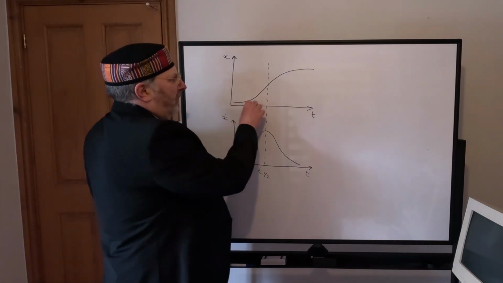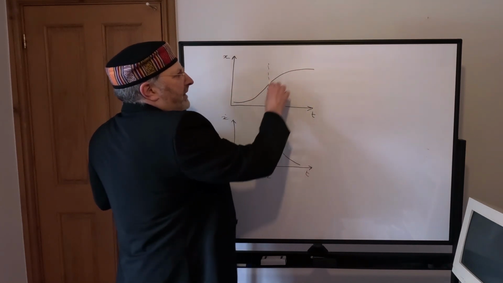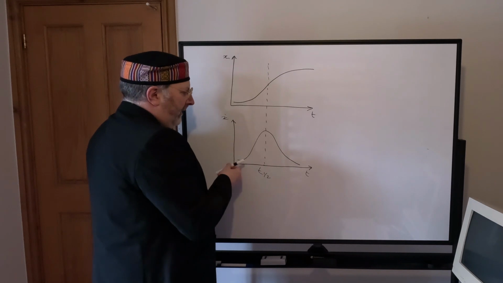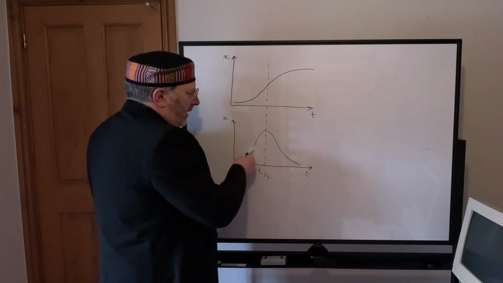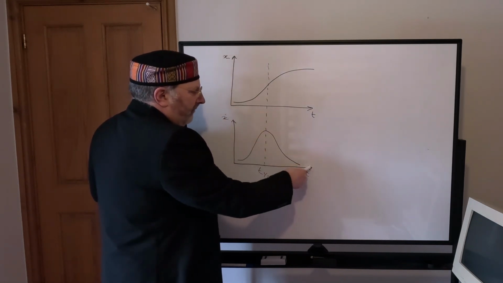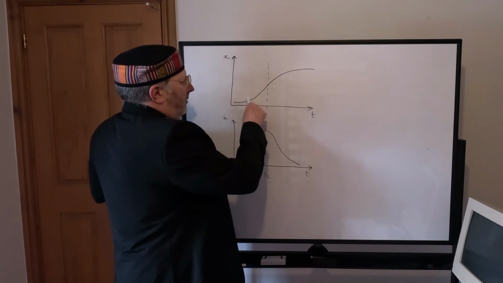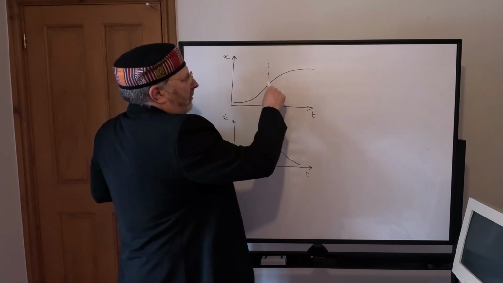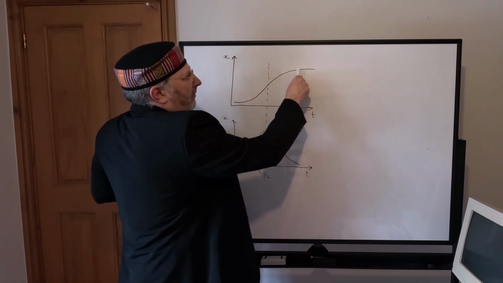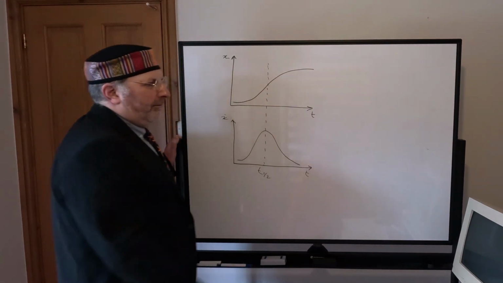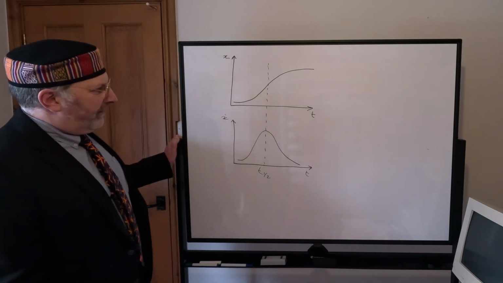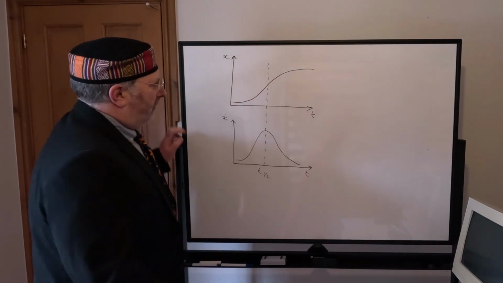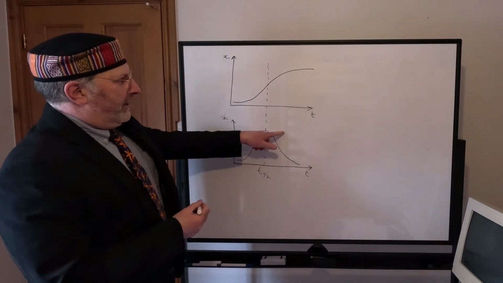So this is the total number of people who've been infected, the total number of cases, and this is the cases per day. So cases per day comes to a maximum and then falls away again. The total number of cases, the cumulative number of cases, increases, but it increases at a slower rate and eventually plateaus when pretty much everybody has been infected. So that's the logistic and that's the growth rate.